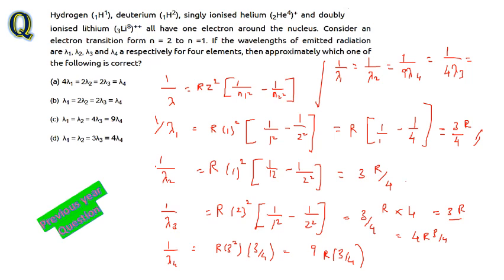You just take 3 by 4r, so this is common here. So the final answer will be equal to, just inverse it, lambda 1 and lambda 2, and here is 4 lambda 3 and 9 lambda 4. So the answer in this case is this one.